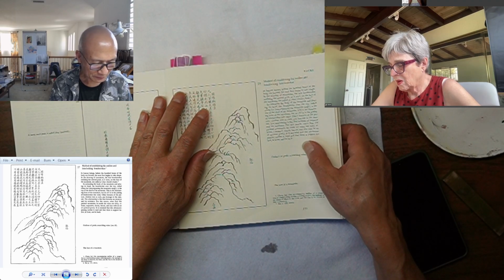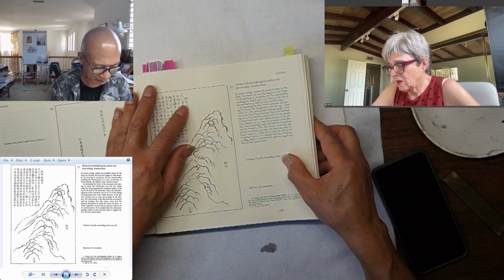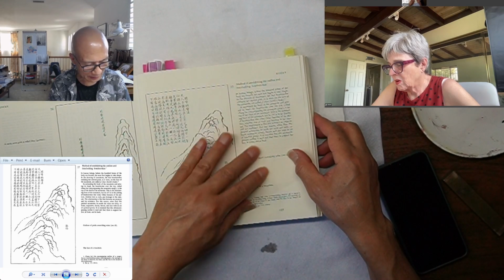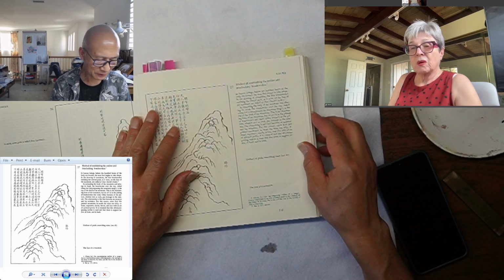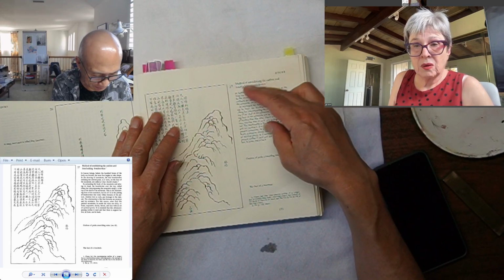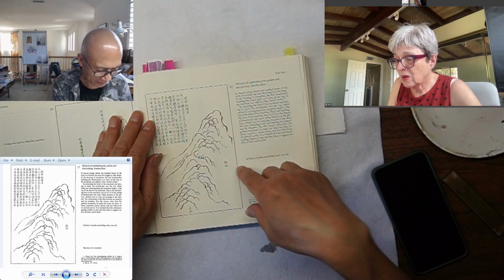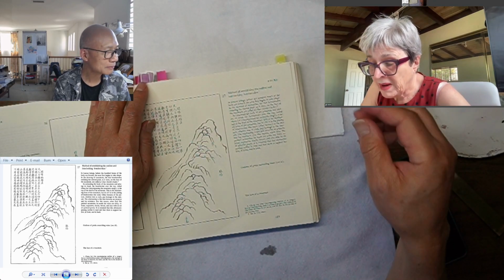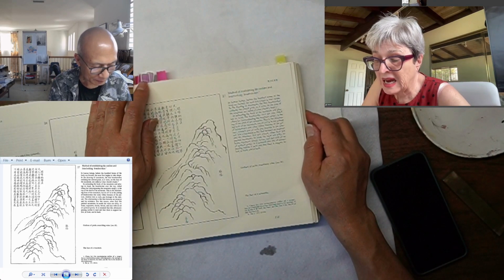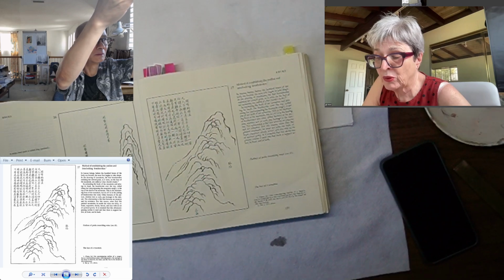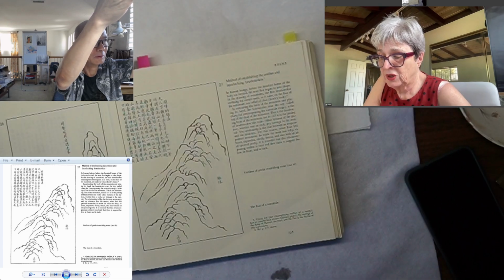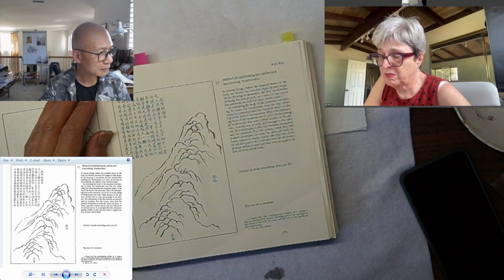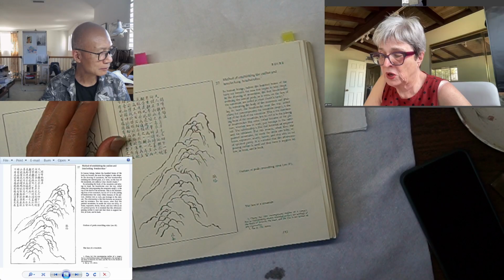Okay, so if you would like to read this, then I will illustrate that. So you just read the introduction, and then I'll explain what it's talking about. Okay. Method of establishing the outline and interlocking brush strokes. In human beings, before the 100 bones of the body are formed, the nose first begins to take shape.